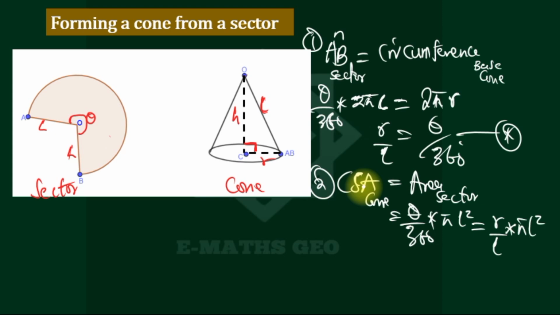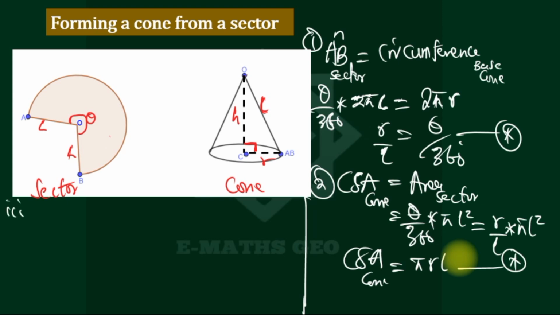We now see that the curved surface area of a cone is pi r l, where r is the radius of the cone and l is the radius of the sector. So that's the second formula.